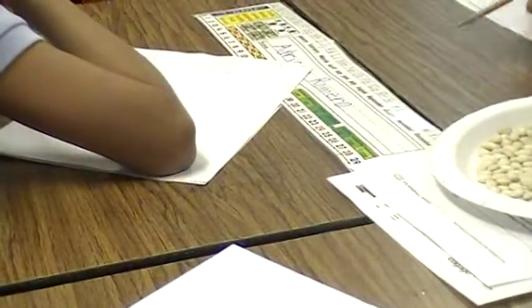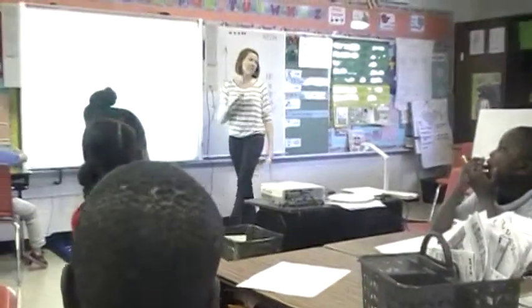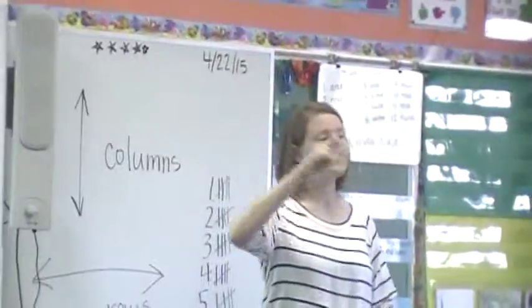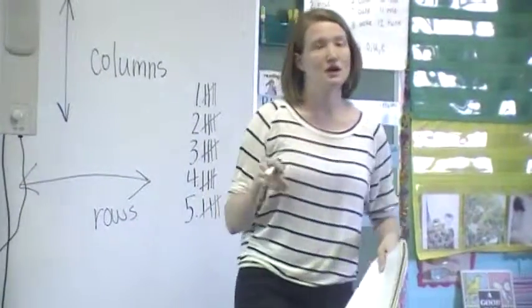Okay. For the columns. Right? Because you can see the column. That's important. We'll get to why that is later on, okay? But not today. But what does it show you?